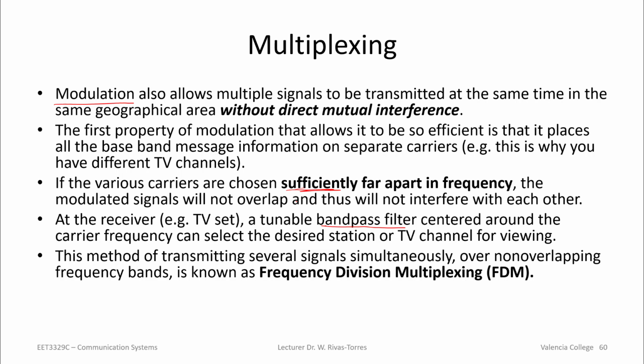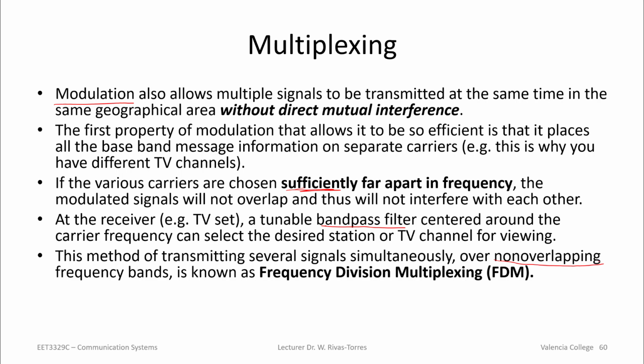What do we call this? This is what we call frequency division multiplexing, right? So through the same channel, we're going to send simultaneous signals, right? We send them simultaneously, and they have to be non-overlapping.